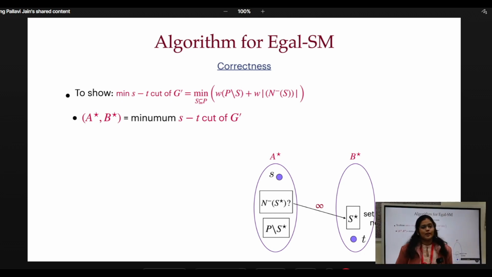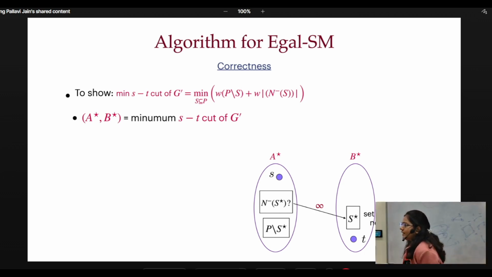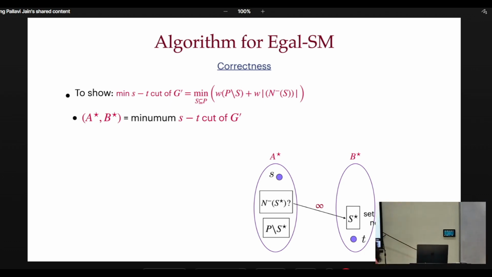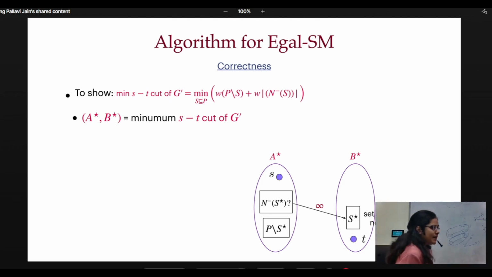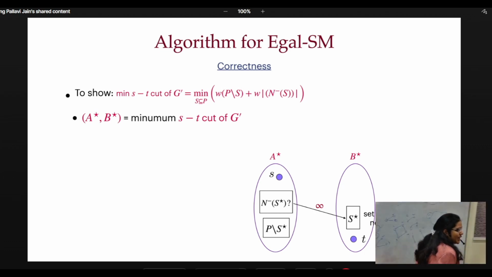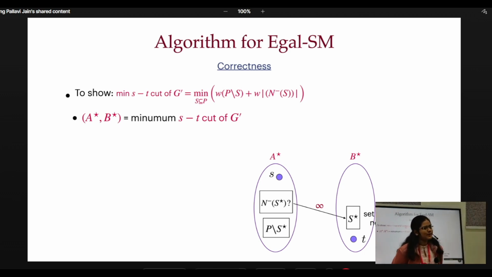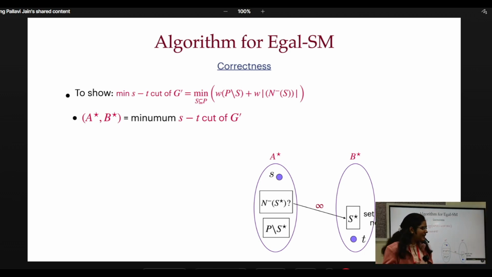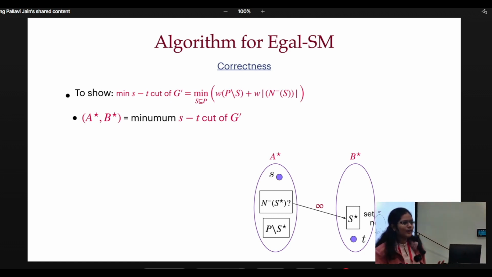But what is the value of the min ST cut in this particular problem? Do I know that we have a finite cut? We do know, because if you put everything in A star and put T in B star, that is a valid partition. What is the capacity of that cut? Whatever it is, it is some finite value, because the only edges going across are from positive nodes to T, which carry the weight of rotation, and that is not infinity.